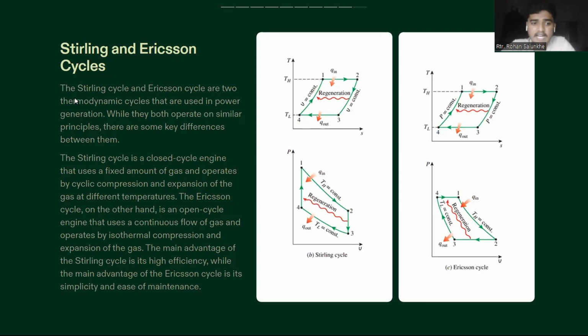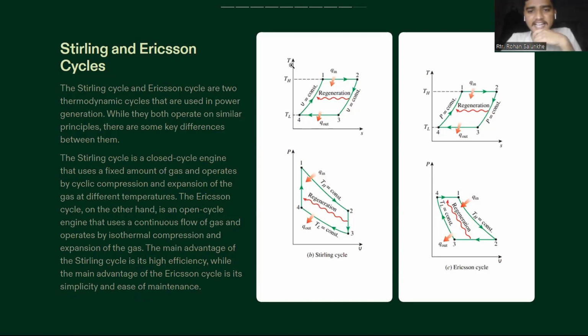The Ericsson cycle, on the other hand, is an open cycle engine that uses a continuous flow of gas and operates by the isothermal compression and expansion of the gas. The main advantage of the Stirling cycle is its high efficiency, while the main advantage of the Ericsson cycle is its simplicity in case of maintenance.